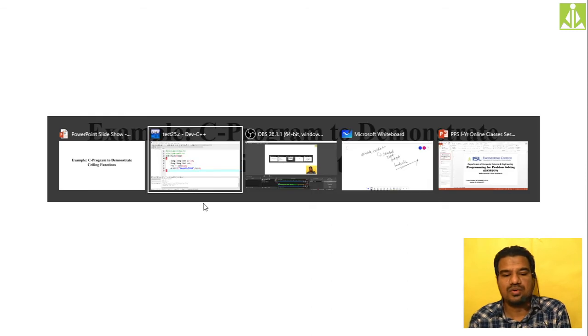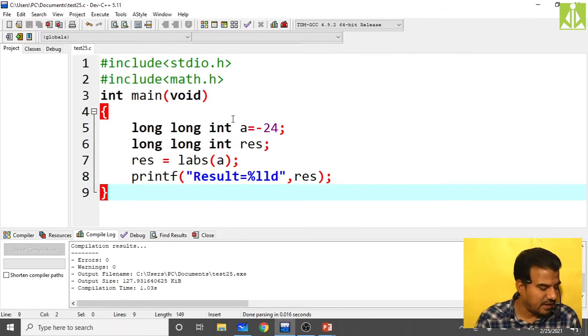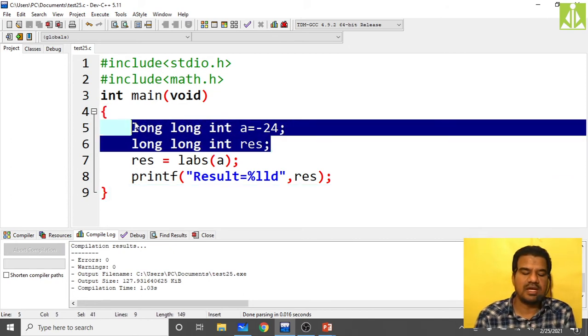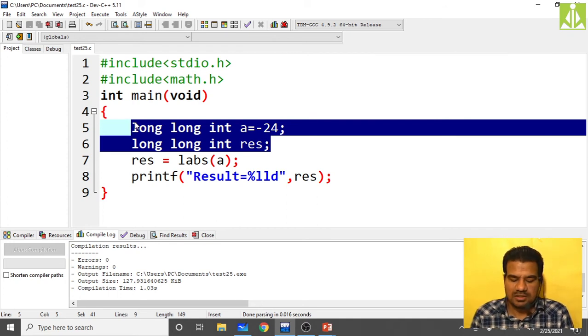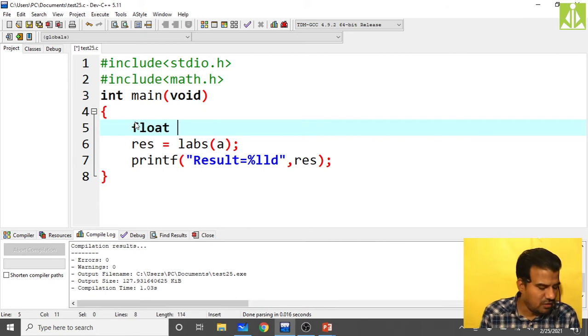So go to the Dev C++ compiler. So this program only, and I will take float values to practice with. You can try others. I'm taking float values to practice with. So float val equals, I'm taking 2.647, something like this. I have taken a value.